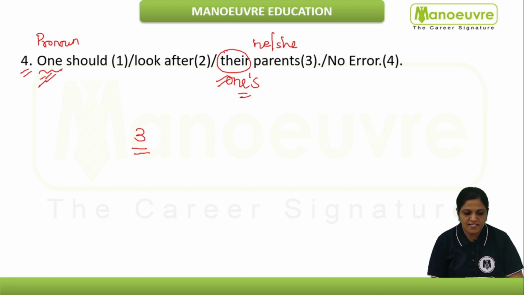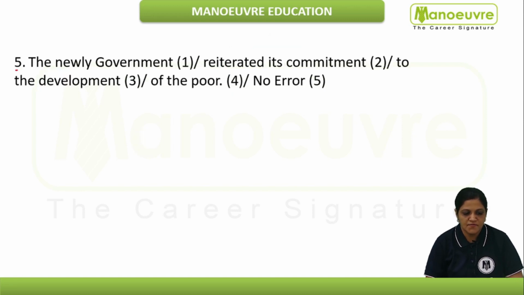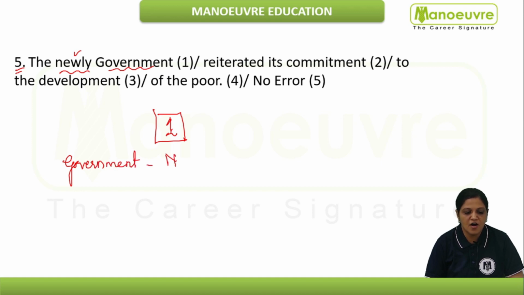Okay. So let us go to our fifth sentence. That is, the newly government reiterated its commitment to the development of the poor, no error. Now here you would see the newly government. Yes, we got our error. Our error is in the first part of the sentence, right? The newly government. Now when we talk about government, government is a noun. Okay, which part of speech? It is a noun.